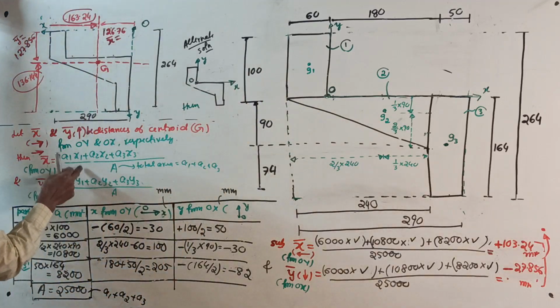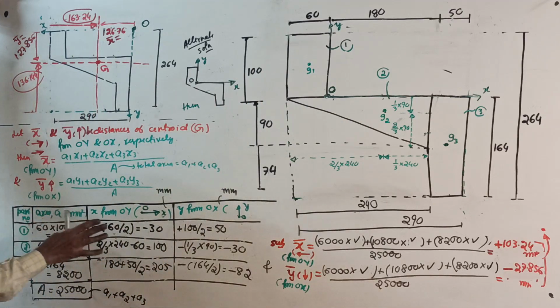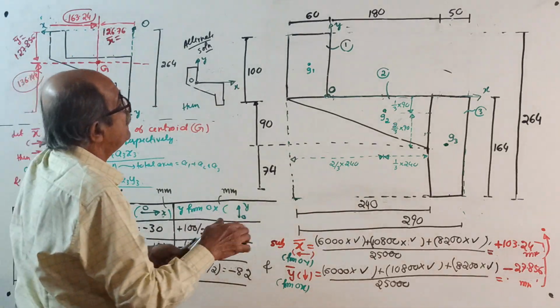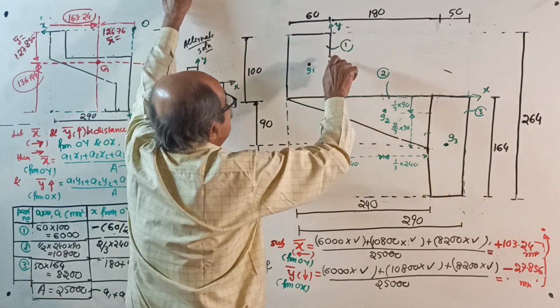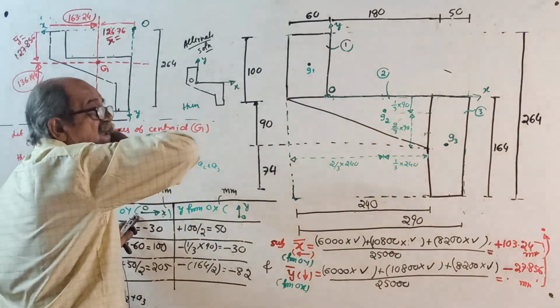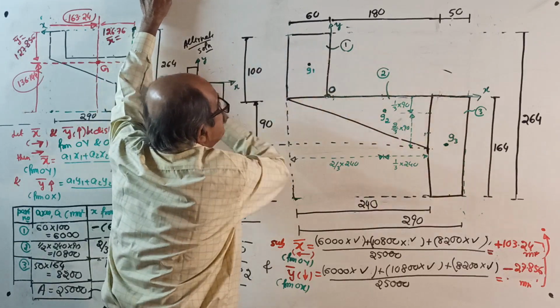Okay, the formula remains the same. I change the table. See, A1, A2, A3 will remain the same. X1, see, clear. Your figure part 1 is here. See, from here, X is from O, X right side is positive, but this is coming left side. See here, left side.